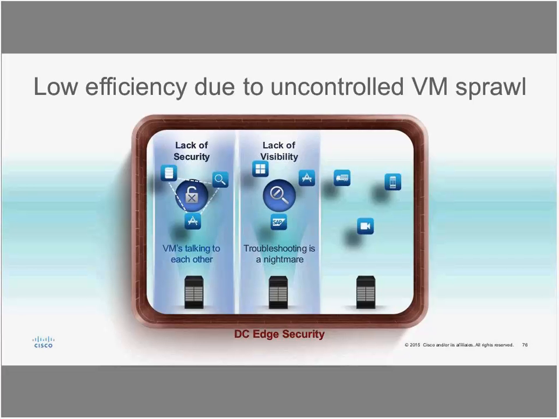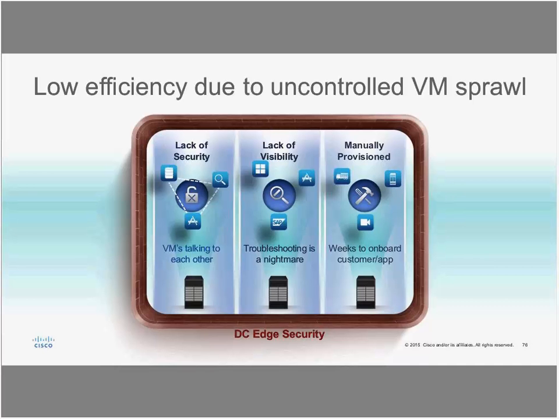If you have VMs spread across and they're not in one container, how do you troubleshoot them? How do you link up all the VMs for that specific application? It takes a lot of effort. If you want to synchronize all this, it takes a lot of manual effort to bring them onto the same logical setup.